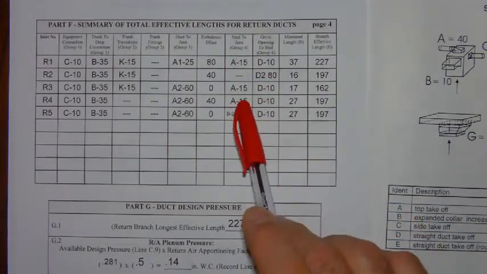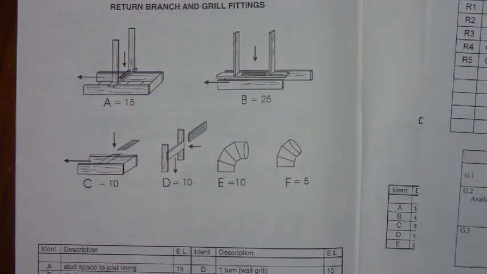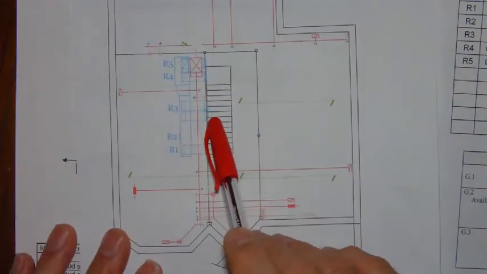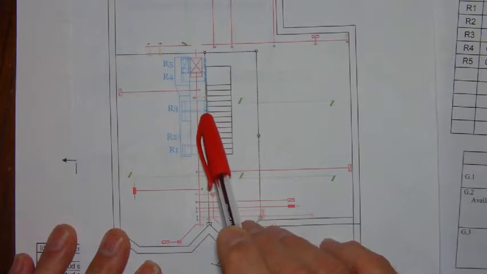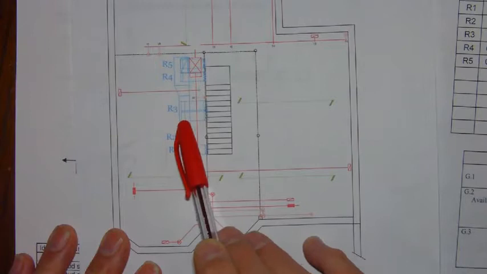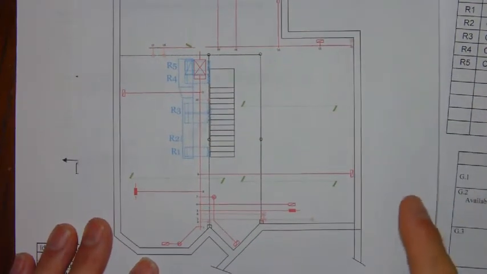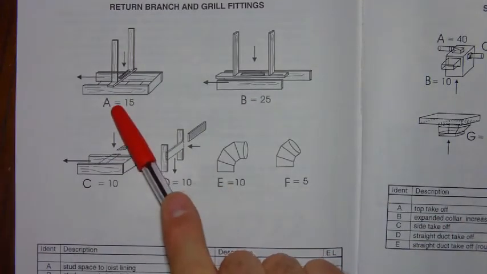Now our stud to joist is the point here where the return air comes through the plate opening from the stud into the joist and then turns and makes its way over to the duct. At this point, we have a duct fitting which is equivalent to this A15.